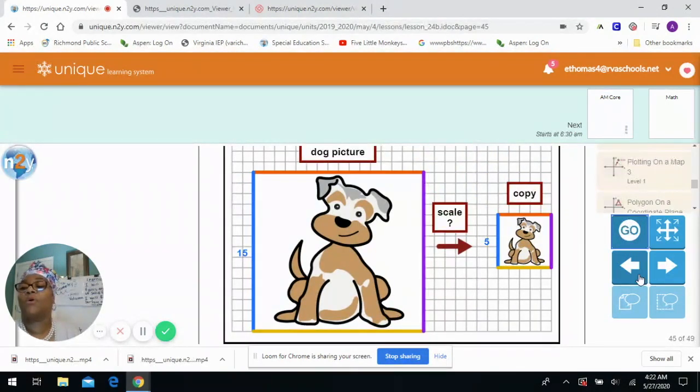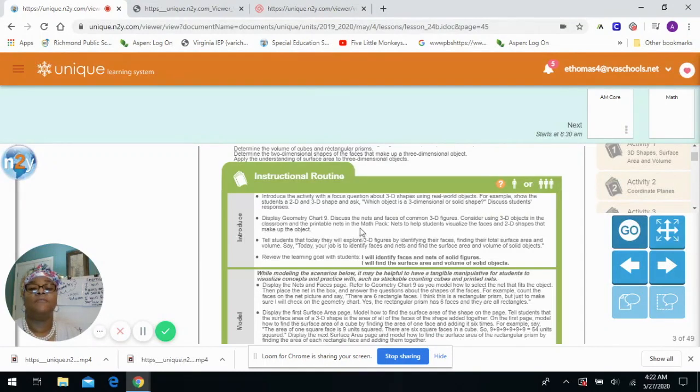Go back over all of your charts so you will know X and Y. X always comes first. X is from left to right. Y is from top to bottom, okay? And what else did we talk about today? We also talked about our shapes and volumes and surfaces. All right, we talked about our nets and our volumes.